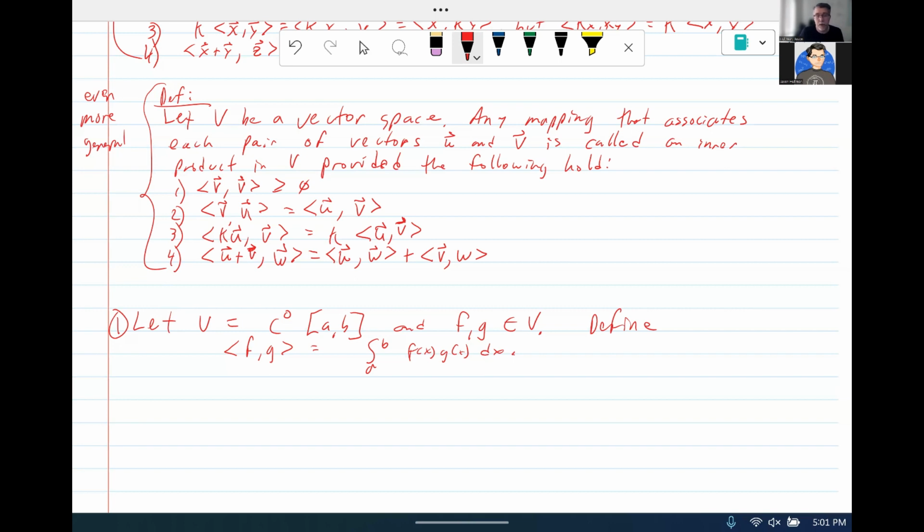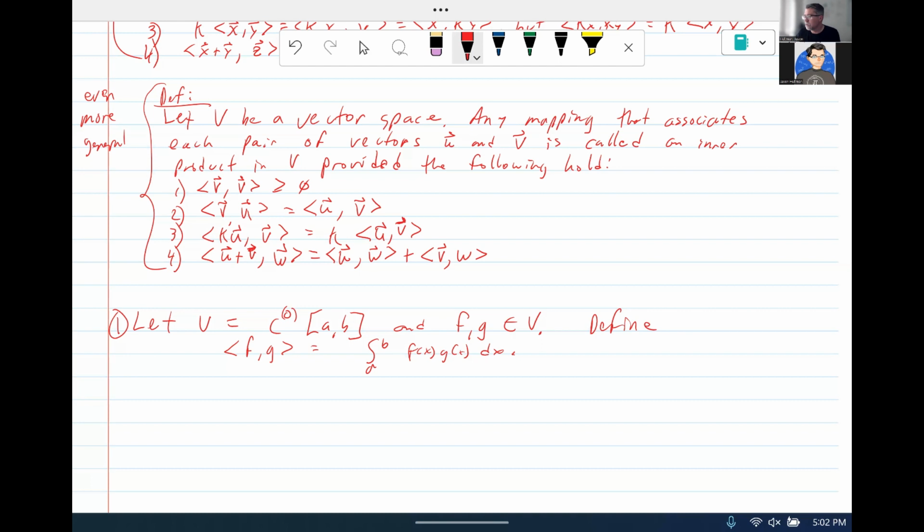So that is the zeroth derivative over the interval AB.